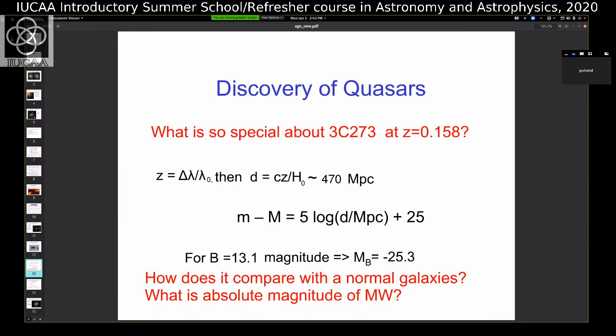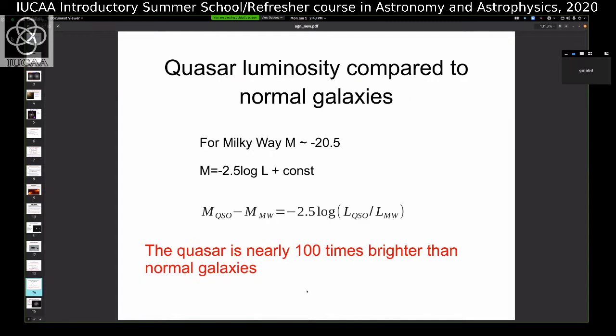How does it compare with that of a normal galaxy? For example, what is the absolute magnitude of our own galaxy, the Milky Way? For the Milky Way, the absolute magnitude is about minus 20.5, and magnitude, absolute magnitude and luminosity are related, so one can convert these numbers.